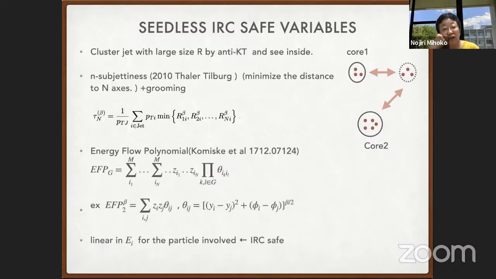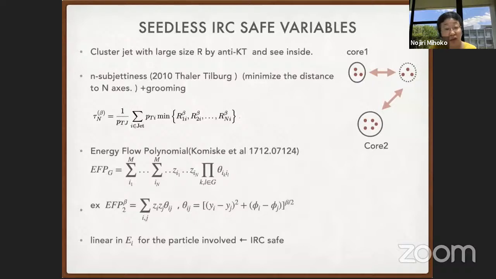One is N-subjettiness, which minimizes the distance from the N axes. You assume that several axes exist in the jet and try to minimize the distance to these virtual axes. Then you get this tau that tells you how many clusters you have in the jet.